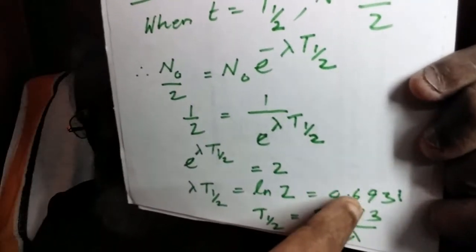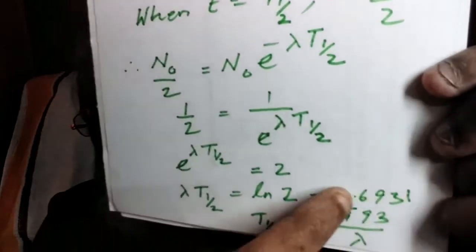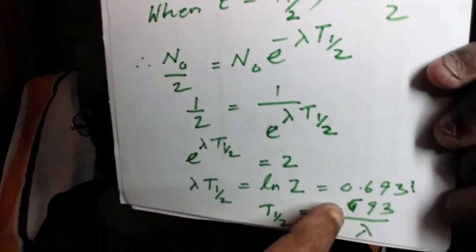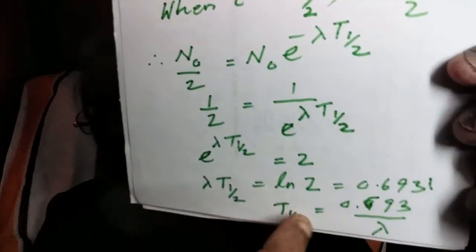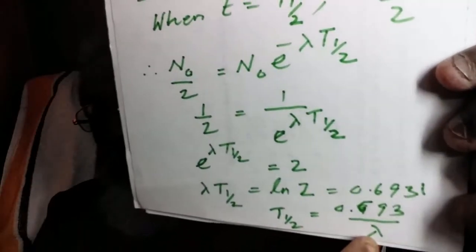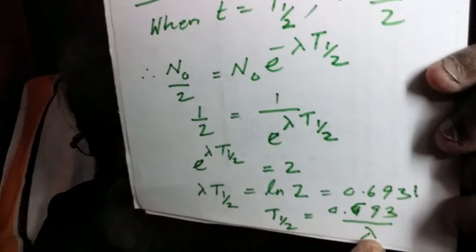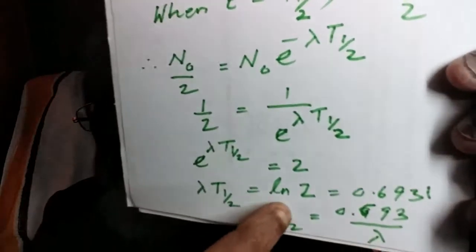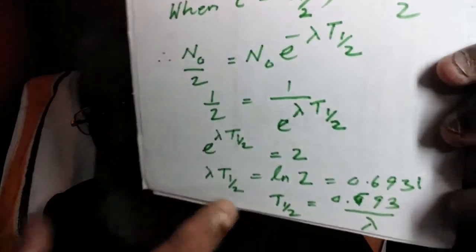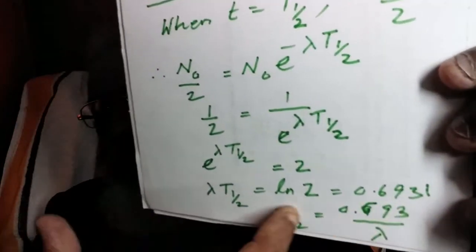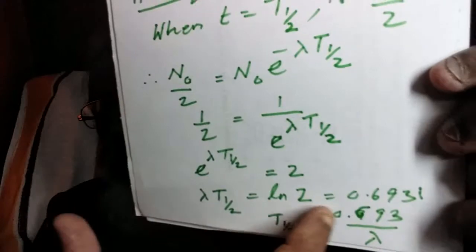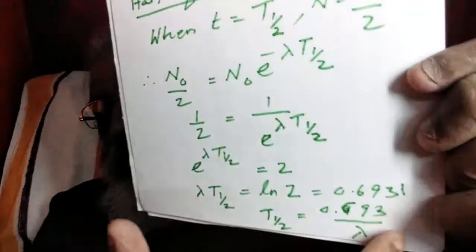Logarithm of 2 is 0.6931. Therefore, t half equals 0.693 by lambda. So half-life is inversely proportional to lambda, the disintegration constant, and is independent of the amount. There is no factor showing the quantity or number of atoms in the sample.